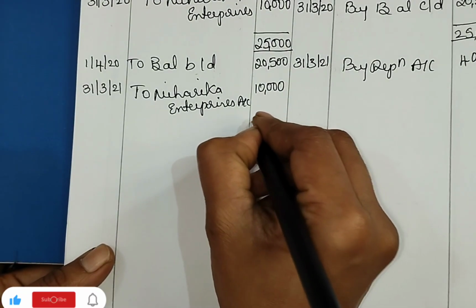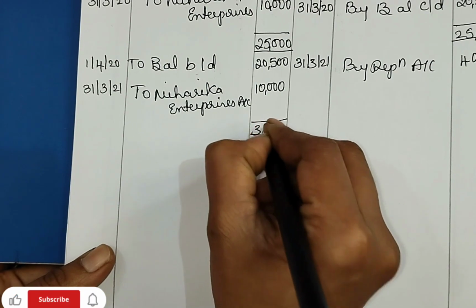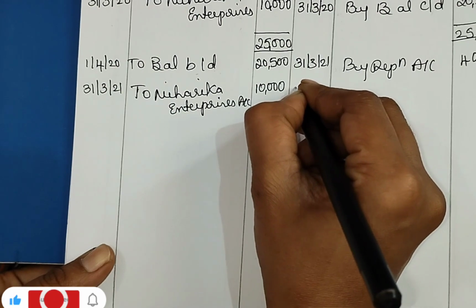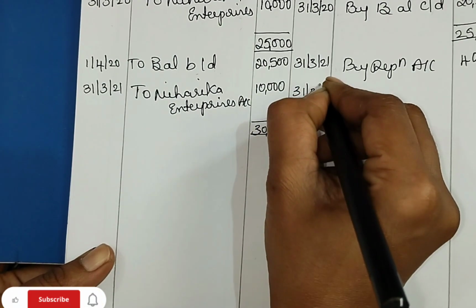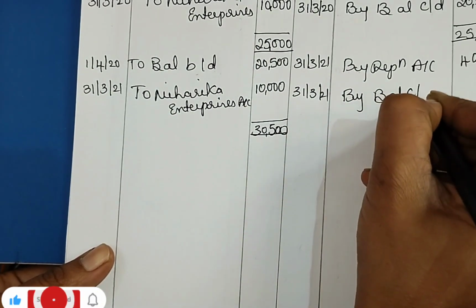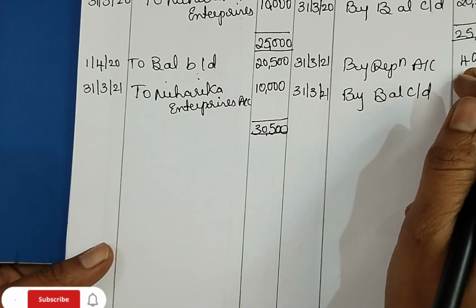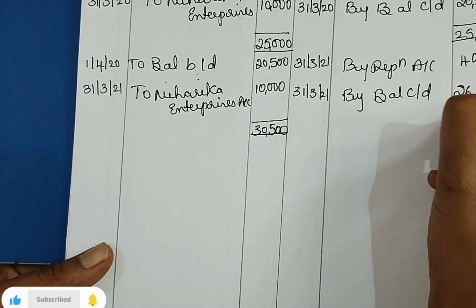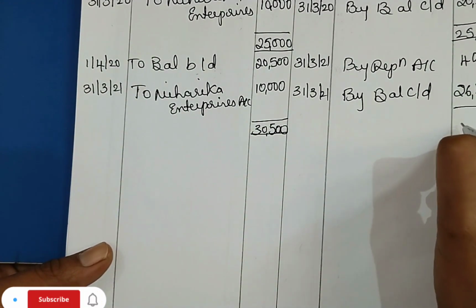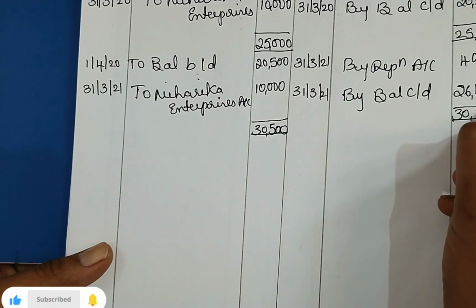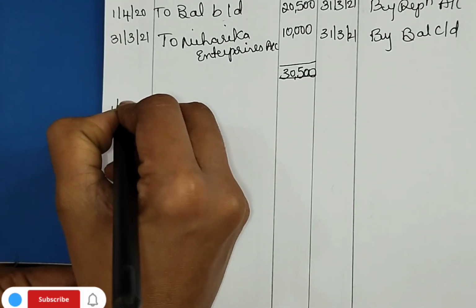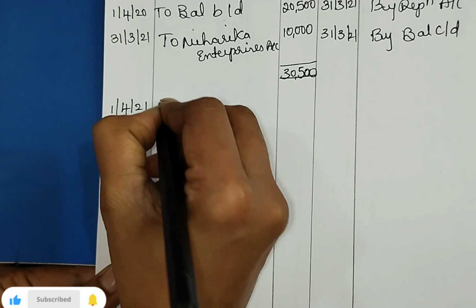The balance total is 30,500, and here the balance on 31st March 2021 by balance carry down is 30,500 minus 4,050, 26,450. Right. Total is 30,500. We bring down on 1st April 2021.